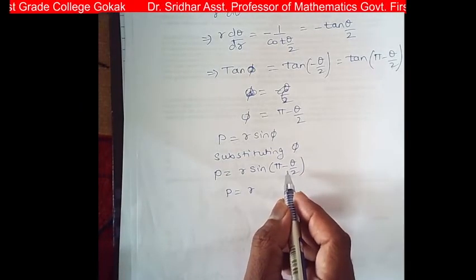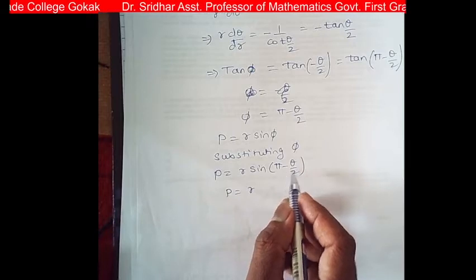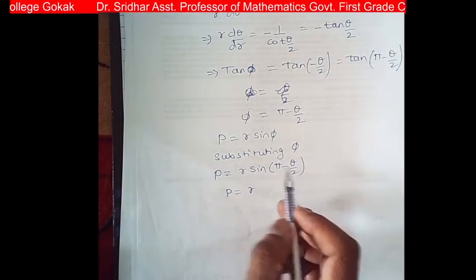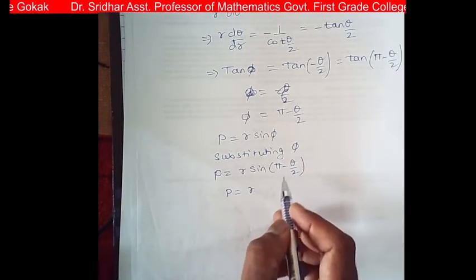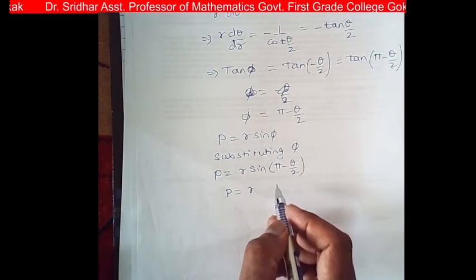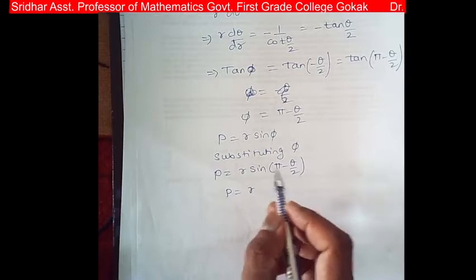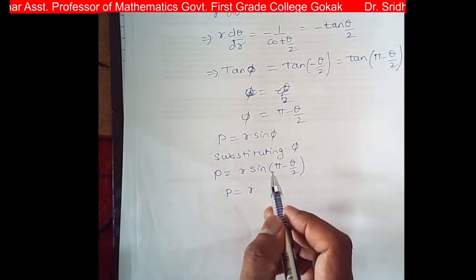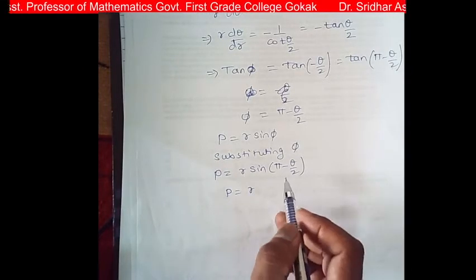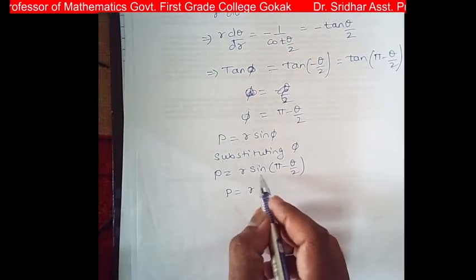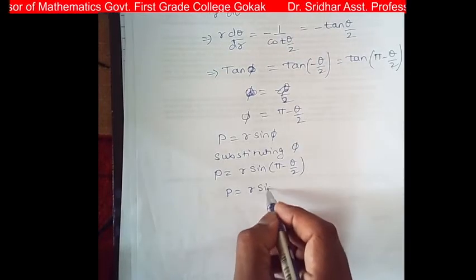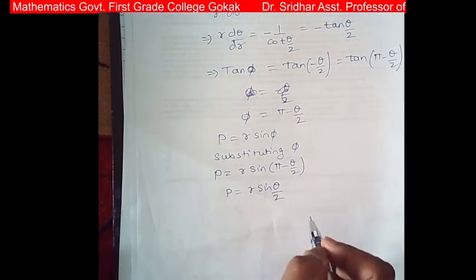Then pi minus means it comes in the second quadrant, sine is positive, so sin theta by 2 you will get.